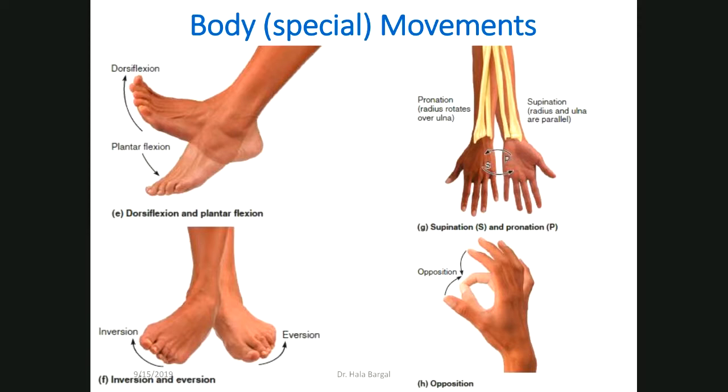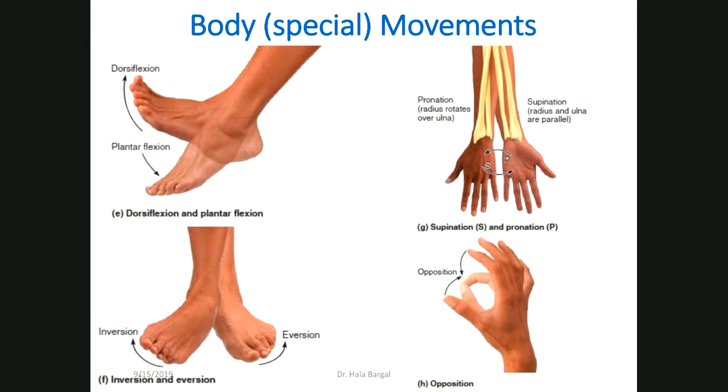In the thumb, there is a special movement which we call opposition. If the thumb meets the little finger, this condition we call opposition. Okay, so what are the special movements we have?